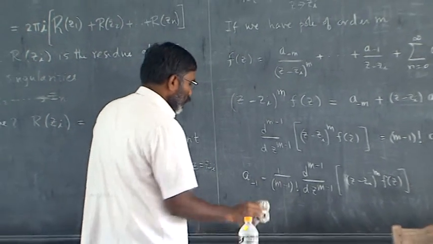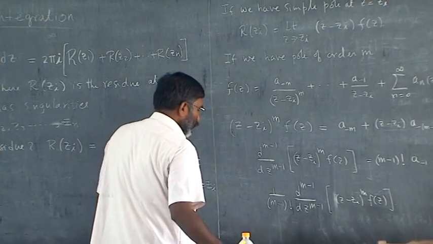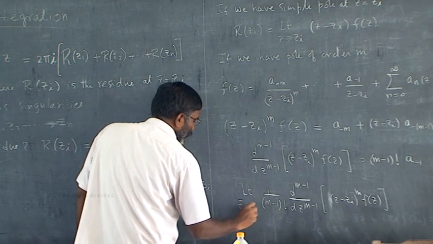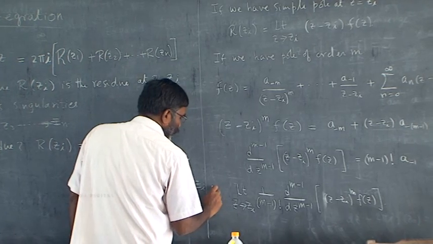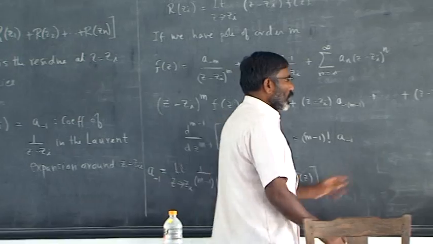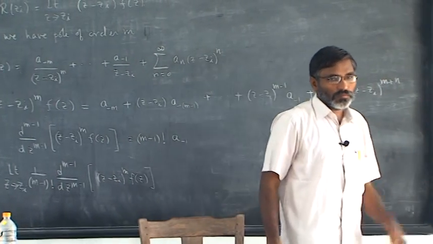Of course, I have to take the limit z tending to zi. Why is this limit important? Unless you take this limit, this term will not go to 0.